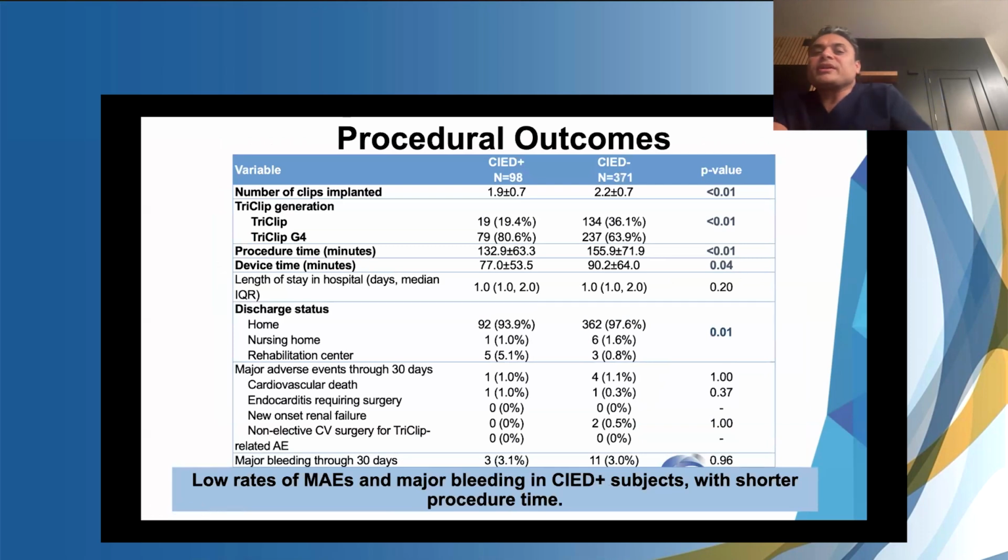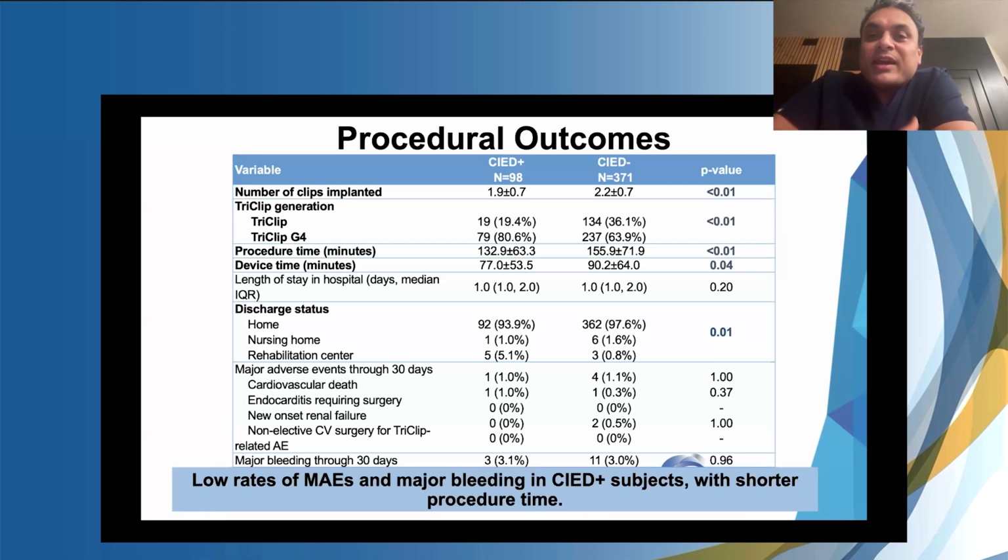And here's what's interesting. First, and there are probably a lot of reasons, and I'll state some, we can talk about it, but there were fewer clips placed in the lead group. You can see 1.9 versus 2.2. That was significant. Also, the procedure time was less, and the device time was less. We used the G4. The G4 came out, and I think a lot of patients probably waited until the G4 came in for independent grasping, and that might be one of the reasons.